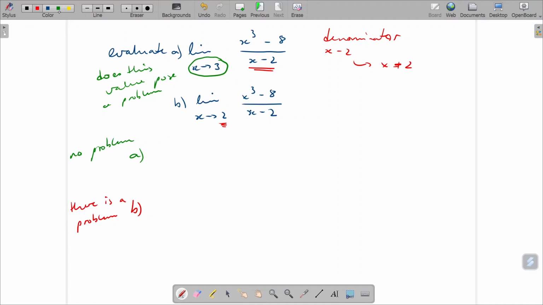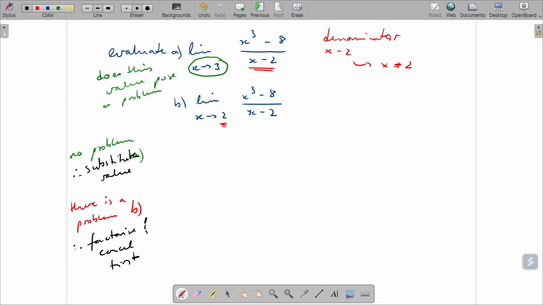Now, in terms of the scope of this video, I'm not going to go too much deeper than this. We are saying if there is no problem, our solution is to simply substitute in the value. If there is a problem, we're going to remove the problem. We're going to factorize and cancel first.